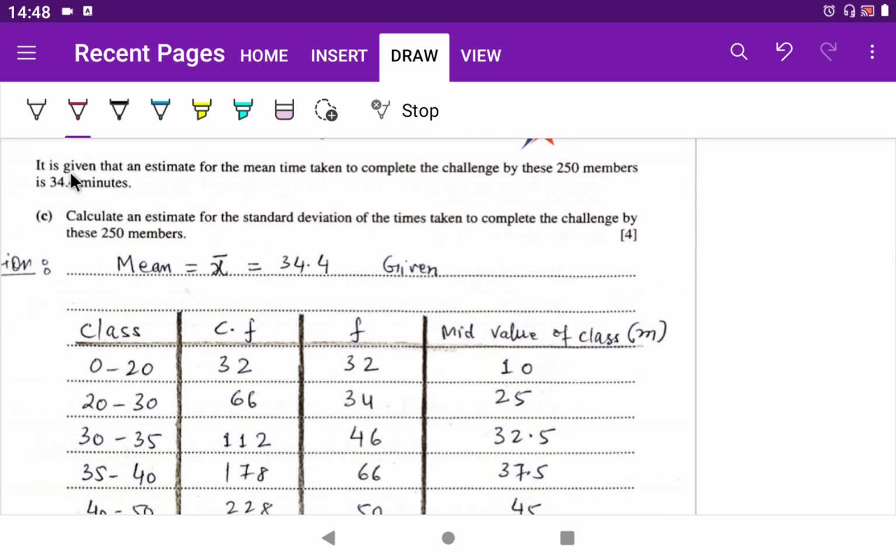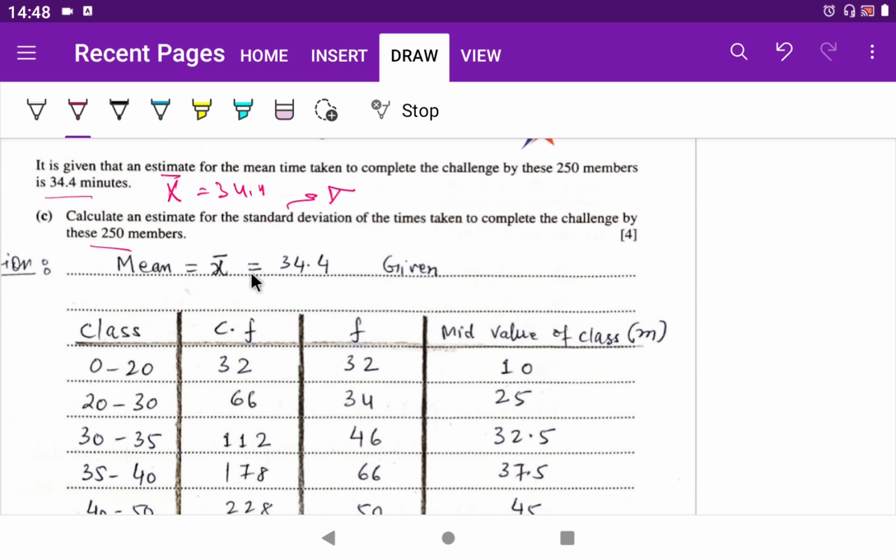Now it is given that an estimate for the mean time taken to complete the challenge by these 250 members is 34.4 minutes. Calculate an estimate for the standard deviation of the time taken to complete the challenge by these 250 members. Now we have to find the sigma.